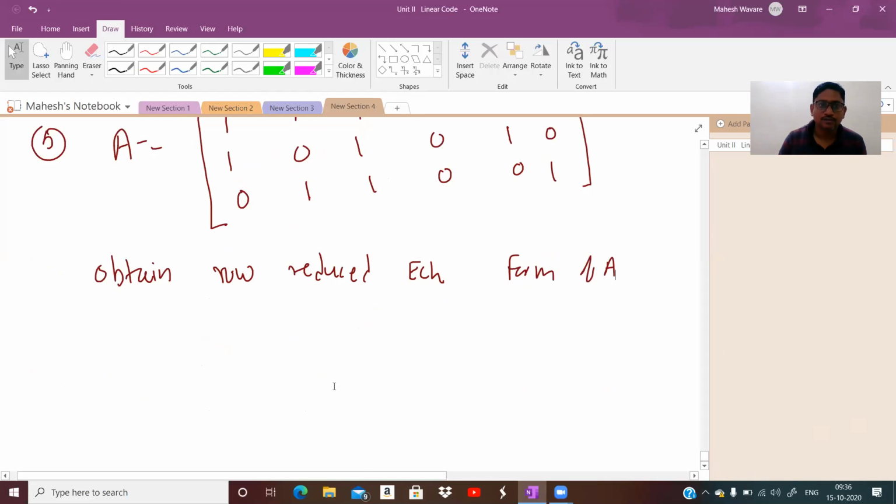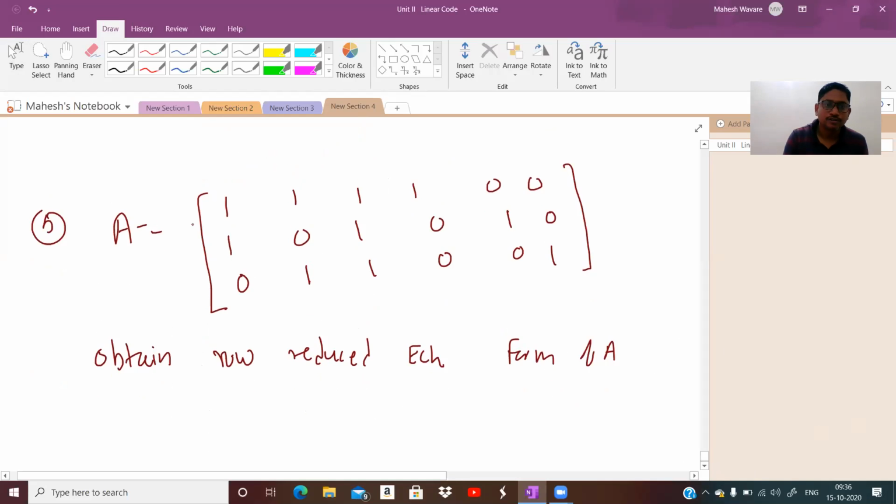You write the operations you are performing. So to obtain row reduced echelon form, you need to apply only elementary row operations. So this is 1, and we can make 0 here by adding to the second row. So the equivalent matrix I will write here: the first row as it is, then 1 plus 1, third row there is no change.